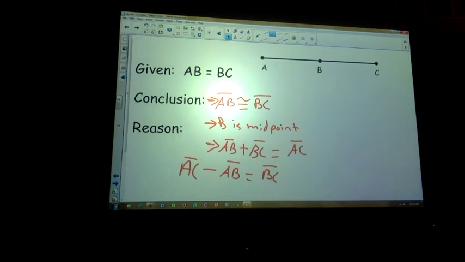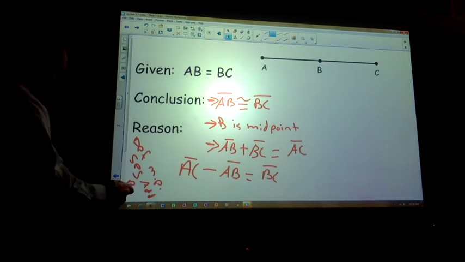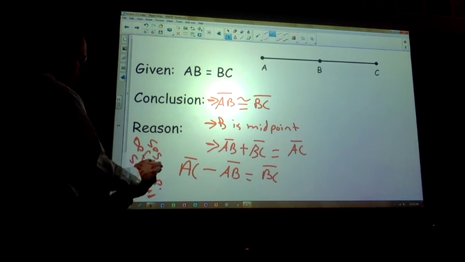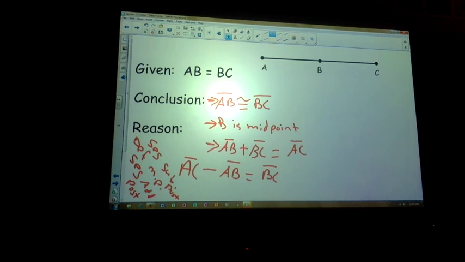What are the reasons? We have definition of midpoint in there. We have segment addition postulate. We have segment subtraction. There's all kinds of things we could talk about for reasons. So we're defining why we can do a logical step. We have a rule that goes with it. That rule is called a postulate.